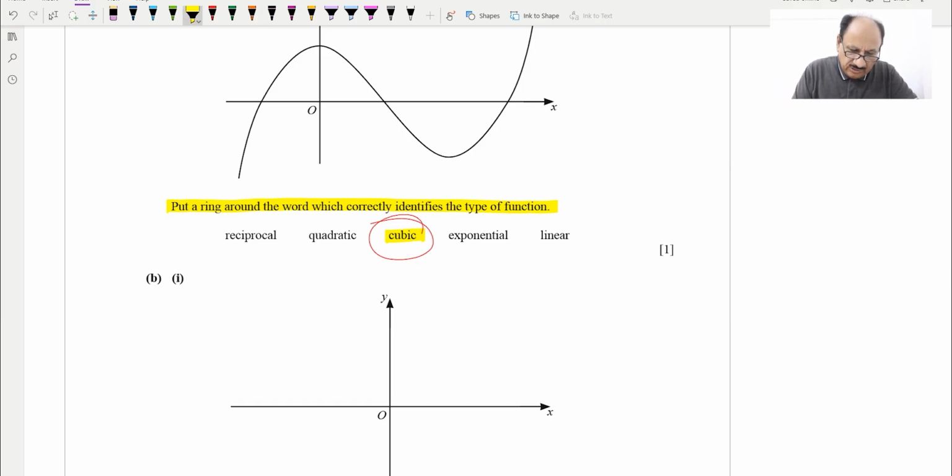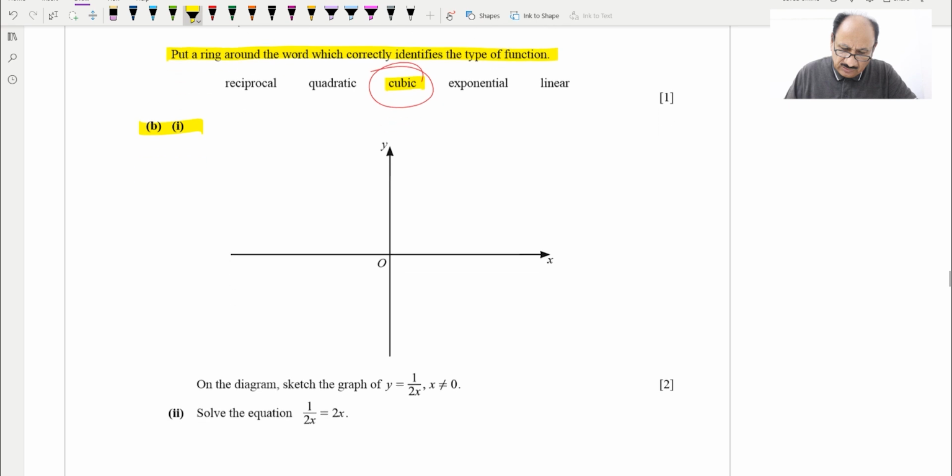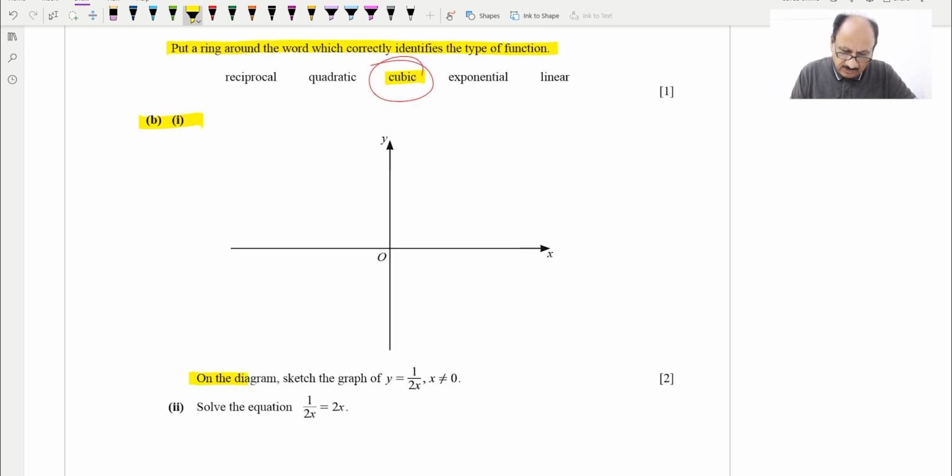Next, part b(i). A grid is provided on the diagram, and coordinate axes are provided. Sketch the graph of y is equal to 1 over 2x, and this is for 2 marks. So 1 over 2x. What we will be doing, you can check basically, you will never get an answer if we take x is equal to 0.